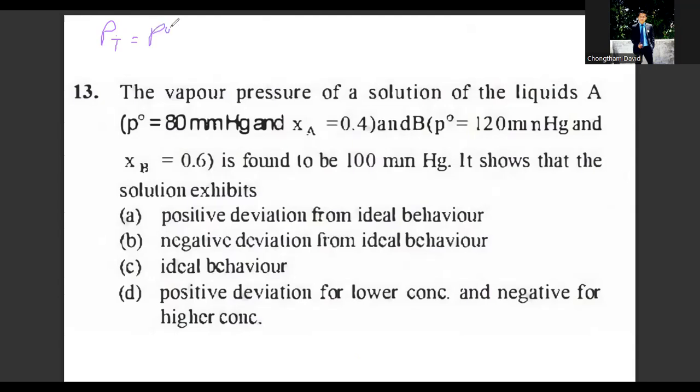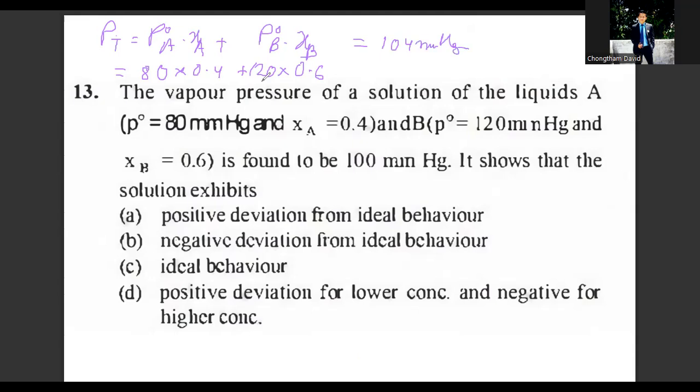According to Raoult's law, PT equals P naught A times mole fraction of A plus P naught B times mole fraction of B. Now input the values. It's given here 80 multiplied with 0.4, this is the mole fraction of A. B would be 120, and the mole fraction of B is 0.6. So the answer would be 104 millimeter.